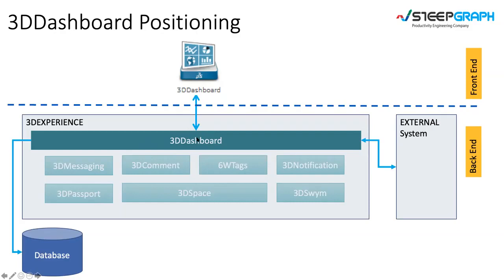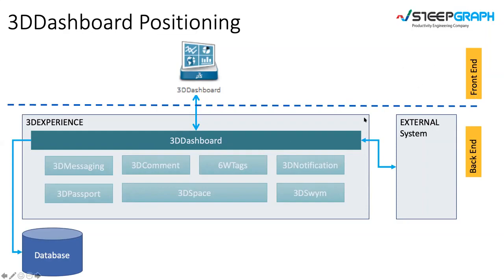The front end of the 3D dashboard talks to the 3D dashboard component on the server side, and it connects to other applications through web services. So it can connect to 3D Space, and it can fetch information from an external system or whatsoever. That's how it works.